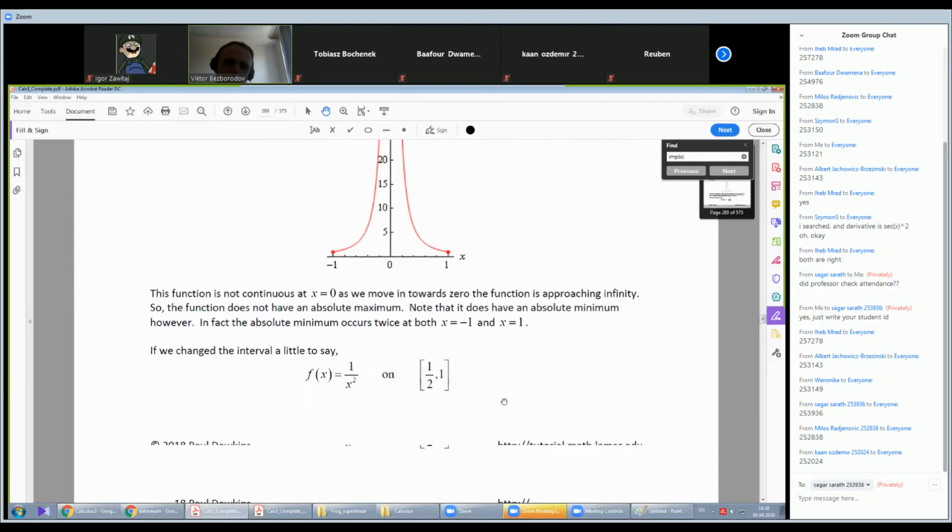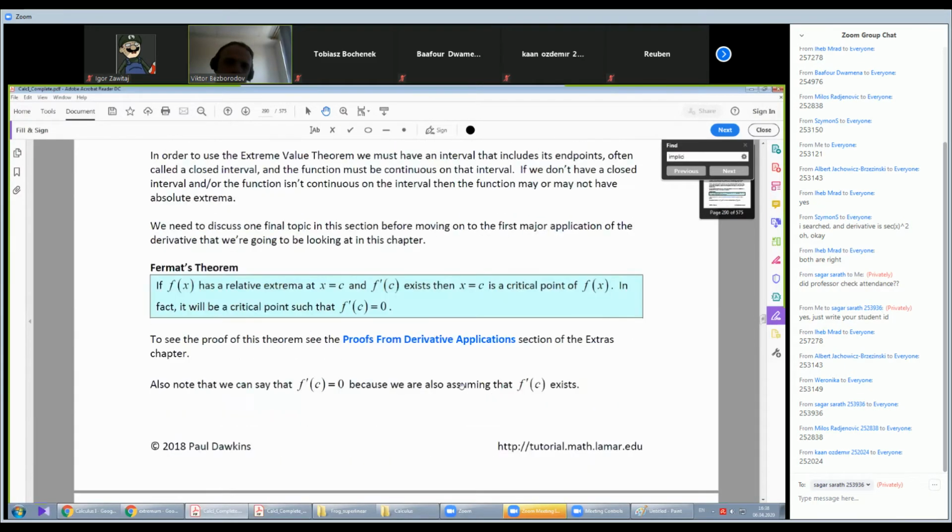Okay, so then the extrema exist. So if you have an extremum at a point C, so it's either a maximum or a minimum, then x at C is going to be a critical point.